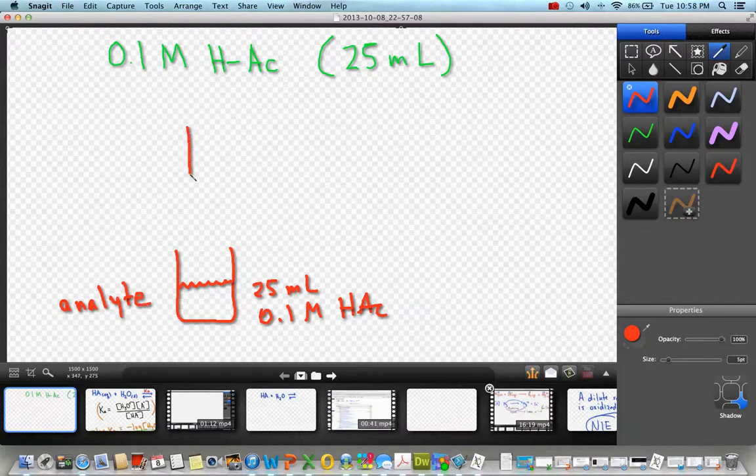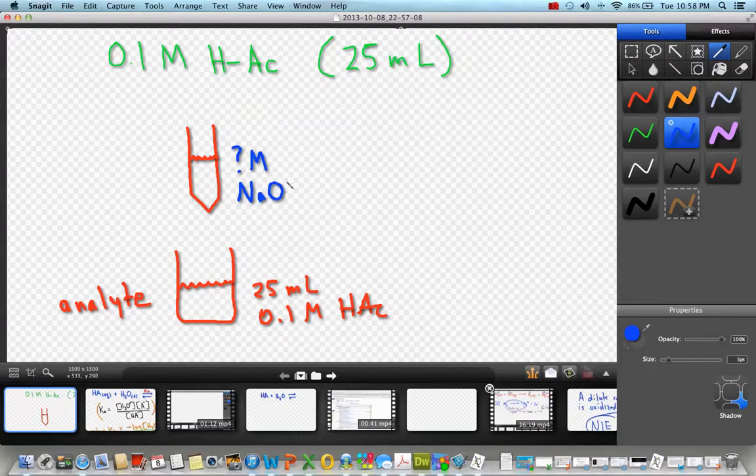Of course, we have in our probeware setup a syringe filled with a base like NaOH. And so let's say that we have an unknown concentration of NaOH. In fact, the purpose of our titration, or at least one of the purposes, is to find the concentration of this unknown NaOH solution by neutralizing my acidic solution one drop at a time.